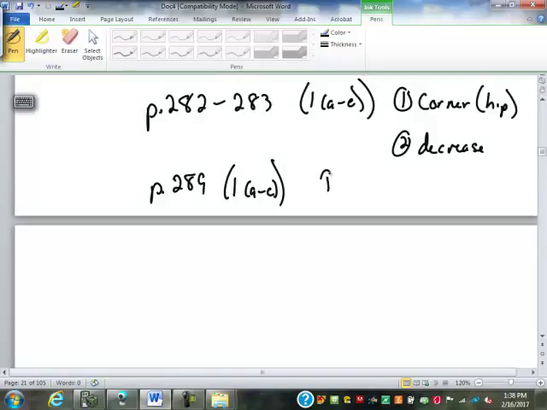I want you to do the same thing. I want you to find the hip or the valley corner here now, which will be the same as the hip pretty much. And to find the decrease. In fact, for that one, I'm just going to have you do A and B because C is actually a little bit funky. We haven't talked about unconventional valleys yet.